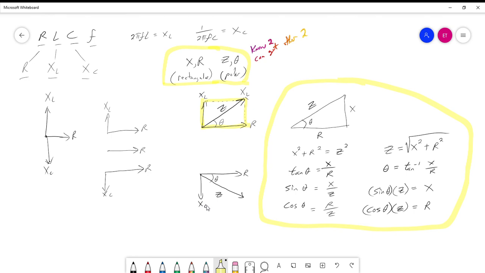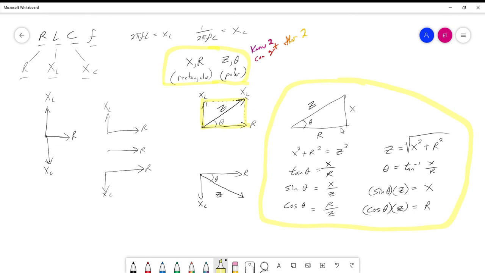You get current first and then voltage follows. And for inductors, it's the opposite. You get voltage first and then current follows. But so this right triangle, I hope, becomes like your best friend and really keeps it all organized for us. Let's see if there's anything else to add.